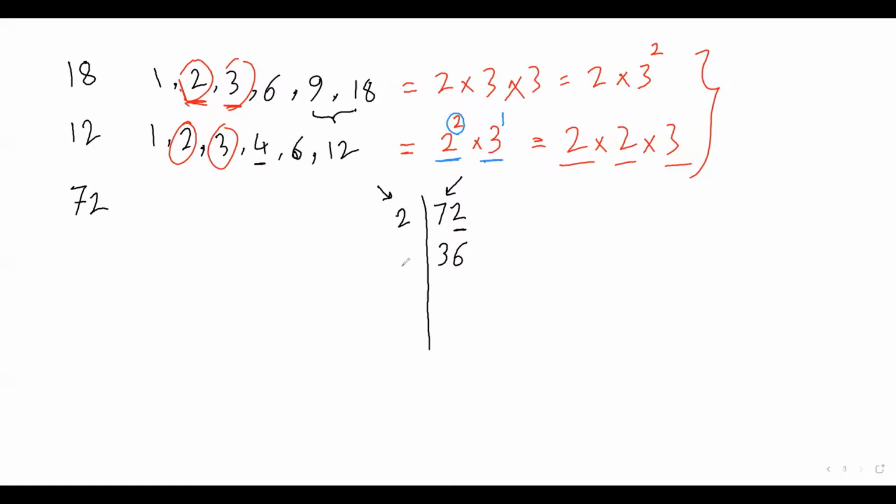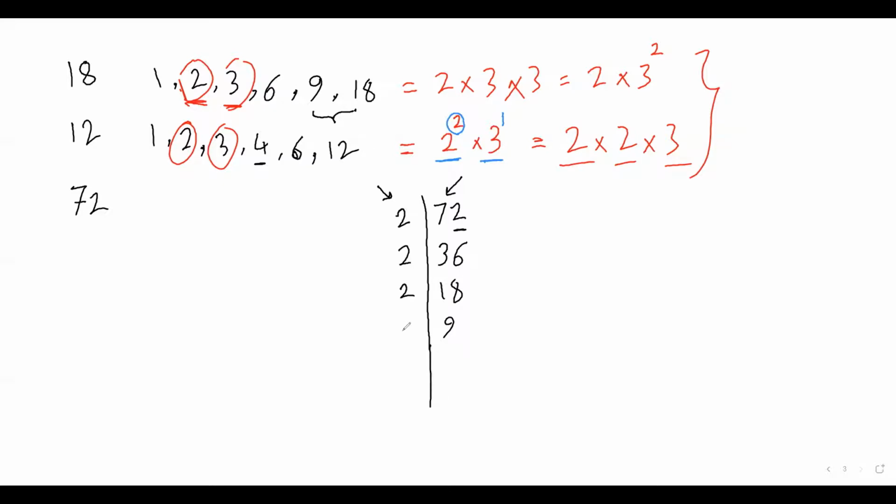Right after 2 comes 3, right? But the answer is yes, it is divisible by 2. And then you do that again. That gives us 18. 36 divided by 2 is 18. Then it seems I can divide it one more time by 2. That gives me 9. It's not divisible by 2 any longer.